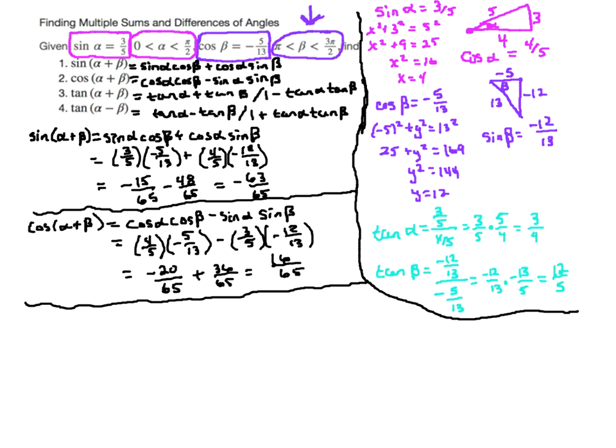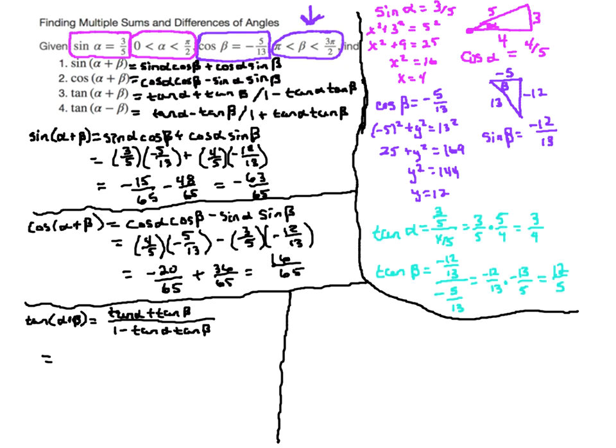Tangent. I might have enough room. Make sure I leave room for the other tangent there. Okay, so tangent alpha plus beta is the next one that we had, is equal to tangent alpha plus tangent beta divided by 1 minus tangent alpha tangent beta.